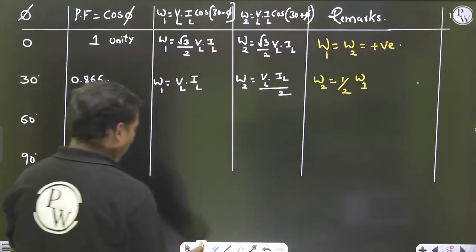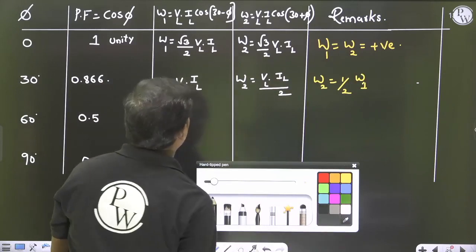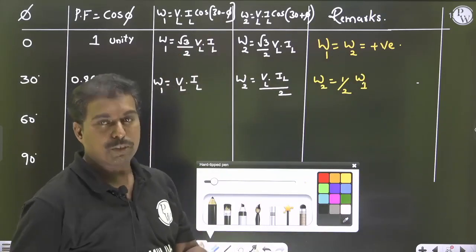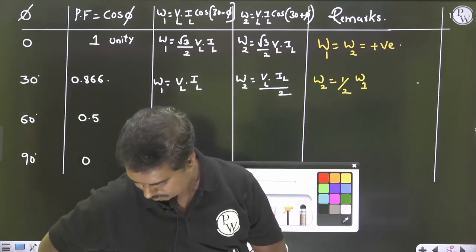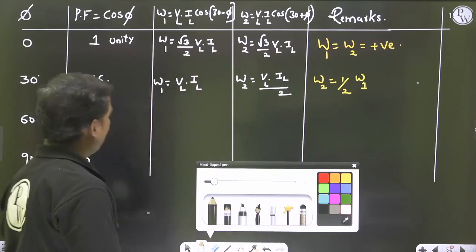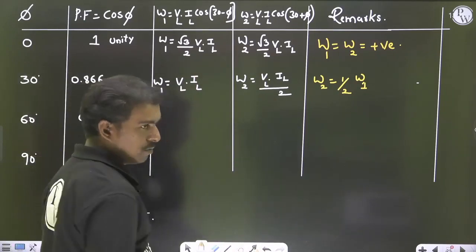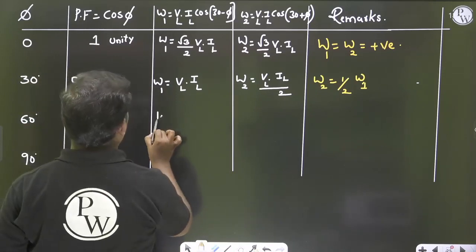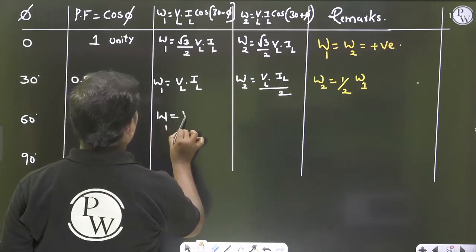Next, if you take 0.5, what am I going to get? Cos 60, 30 minus 60 means minus 60. Cos of minus 60 means plus 60. Cos 60 means 1 by 2. So we are going to get here 1 by 2 VLIL.